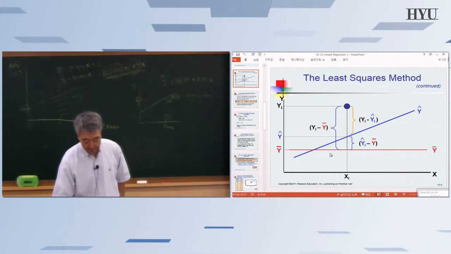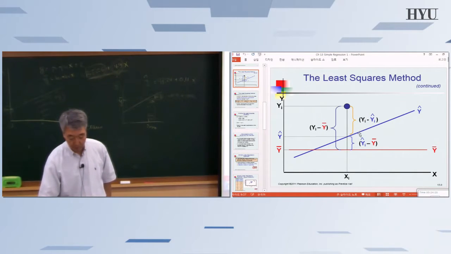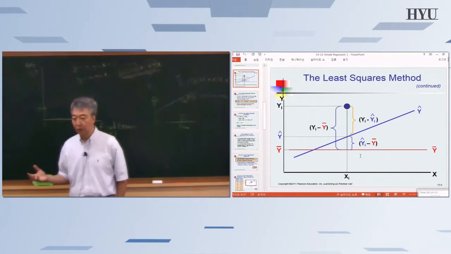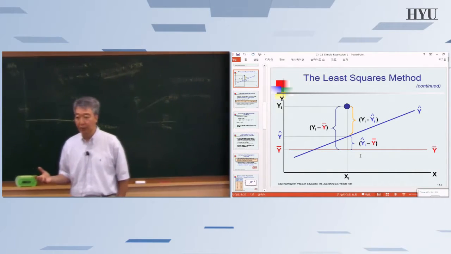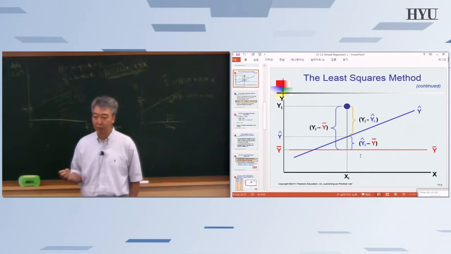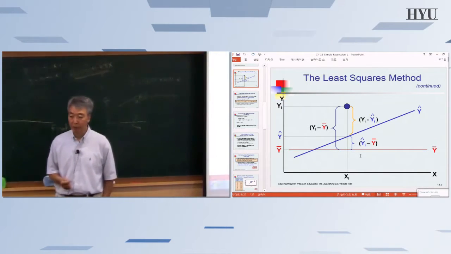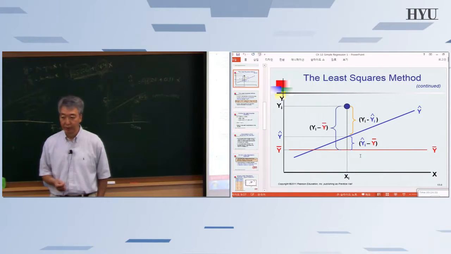And last class I told you that's unexplained deviation, while this is explained deviation. Remember the story? If you have no idea about the regression analysis, or even the linear relationship between x and y, and someone asks, what do you expect for your tomato crop size this year?